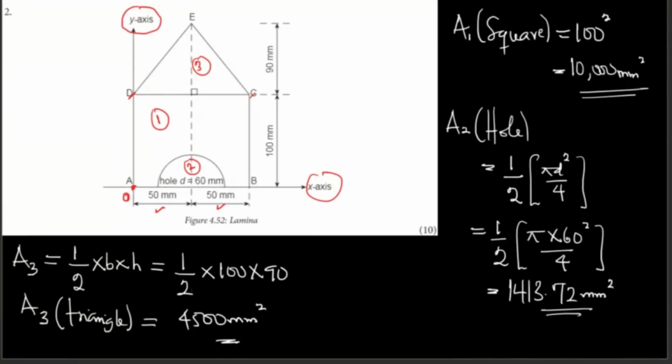Now, how do you calculate the total area? You are not going to add this time because there is a hole in the portion of that square. So you are going to subtract the area of the hole from the area of the square, then add the area of the triangle, because it's a hole and there is no material there.